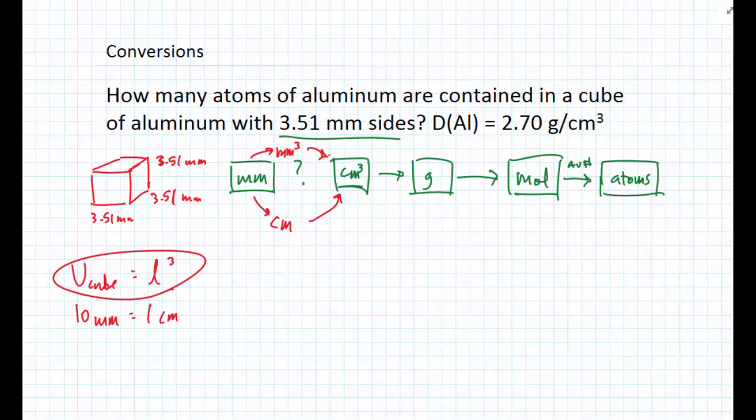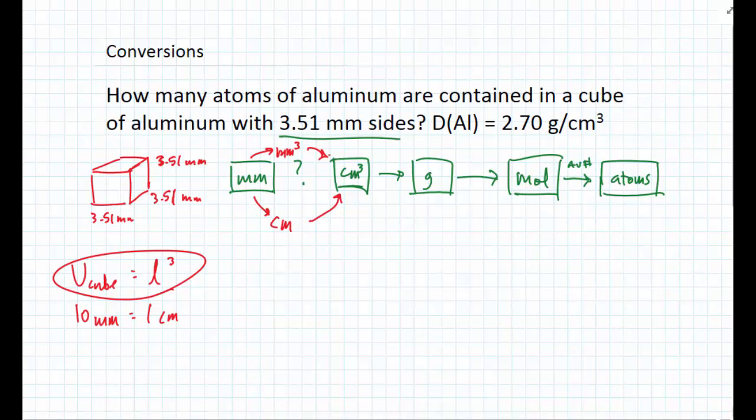So what'd you do? Yep, you converted to centimeters and then cubed it and then went from there. Yep, that works. So what'd you do? Careful there. Since 1 millimeter is 10 centimeters, 1 millimeter cubed would be 10 cubed centimeters cubed. How did you do that?